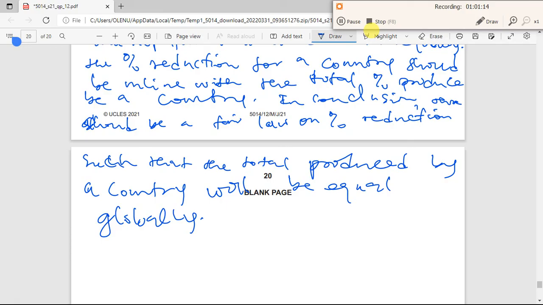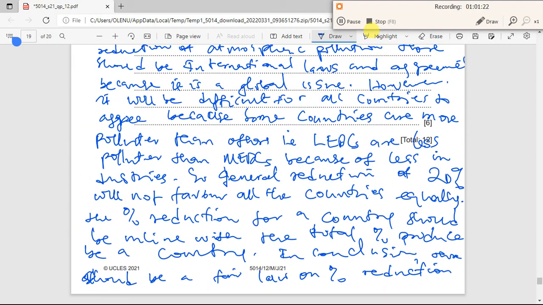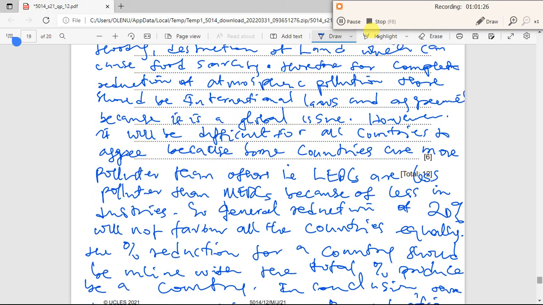Now, this will give you your full 6 marks. So, you see, I was able to state why I agree with the statement. Then, at this point here, where I wrote, however, that is where I switch and gave some reasons why I would disagree, then come up with my conclusion. So, if you're able to structure your answer in this format in a 6-mark question, you should be able to get your full mark.